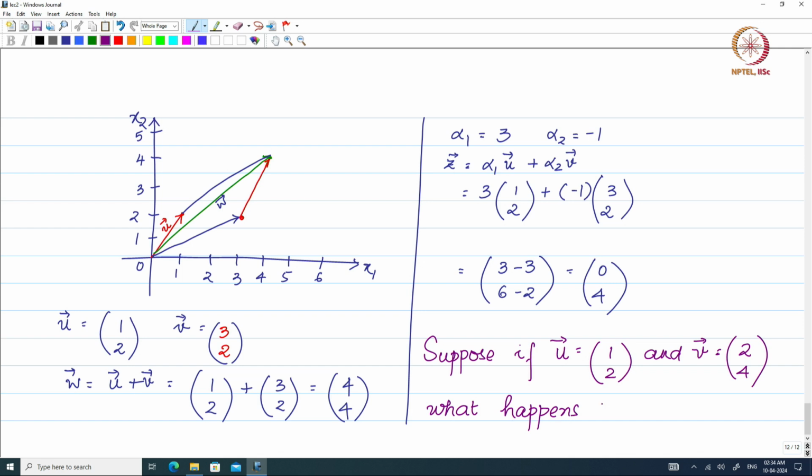What is the vector w equal to u plus v? We say that the w vector is basically 1, 2 plus 2, 4, which is 3, 6.